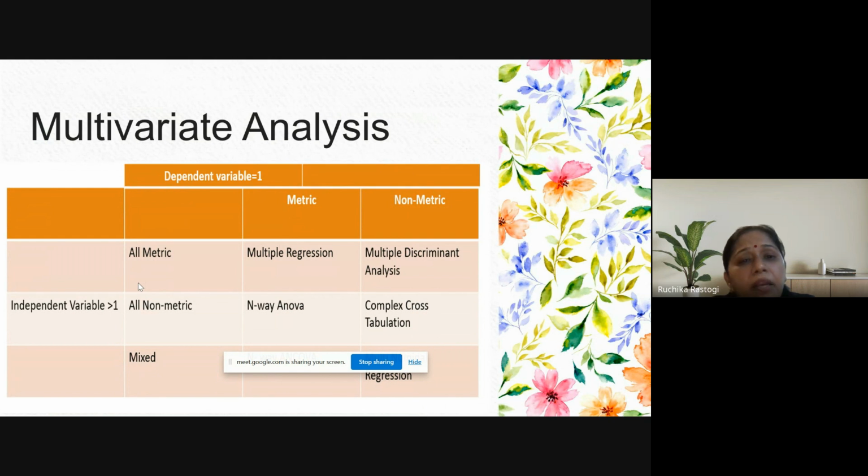And lastly, yesterday we discussed multivariate analysis, where we have more than two variables, but keep in mind, it is very easy to perform the analysis when there is one dependent variable.